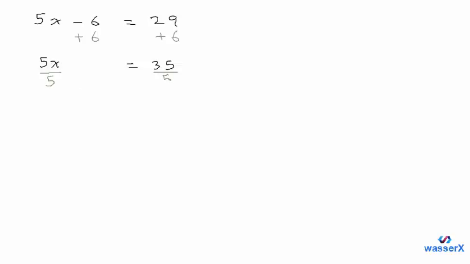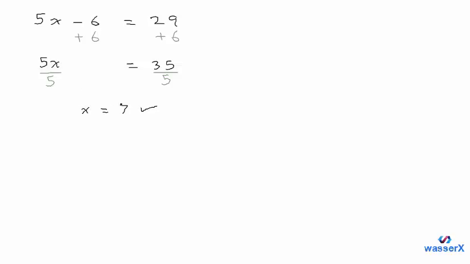And you do the same thing on the other side. 35 divided by 5, or 35 over 5, which gives you x is equal to 7. Now a quick check. If x were to be 7, you would have 5 times 7, that's 35, minus 6, that's equal to 29. So that works. That value of x will make the left hand side of the original equation equal to the right hand side. Therefore, this answer is correct.